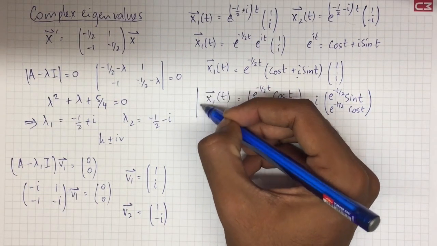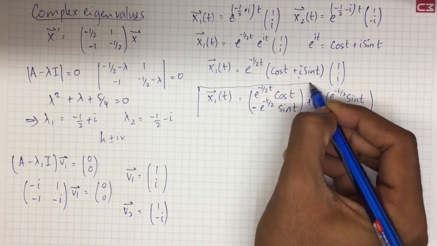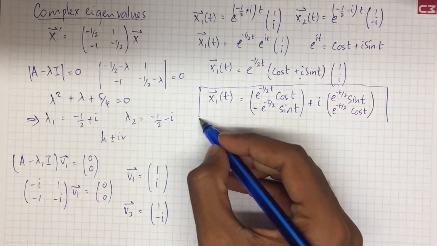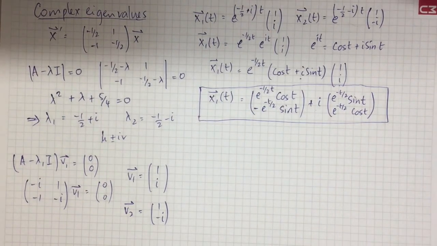My final solution for the differential equation can be only this one. Because when you think about it, if I do this one, I'll still end up with a similar answer. So I can start off with x2 of t or x1 of t, and that should not matter.